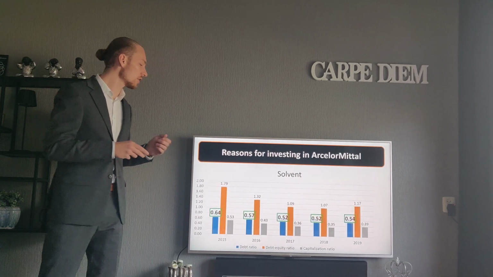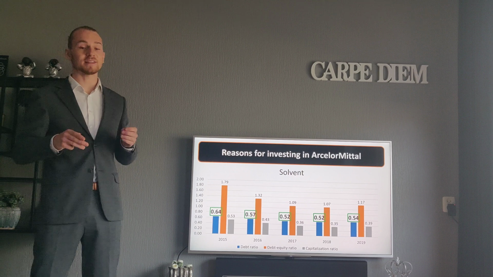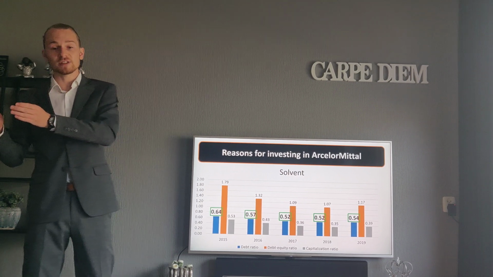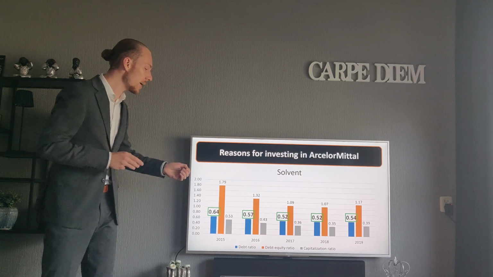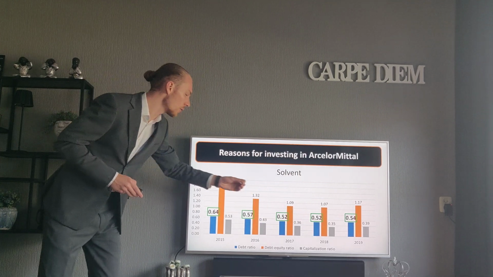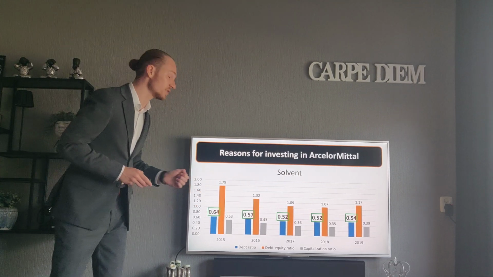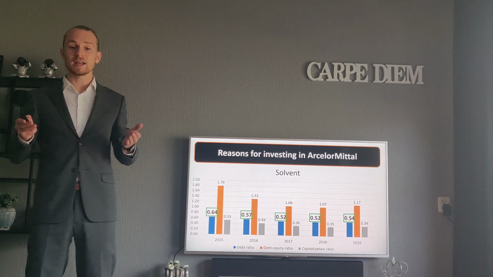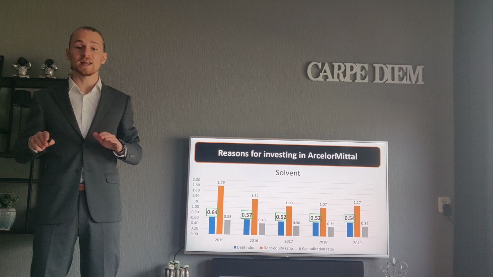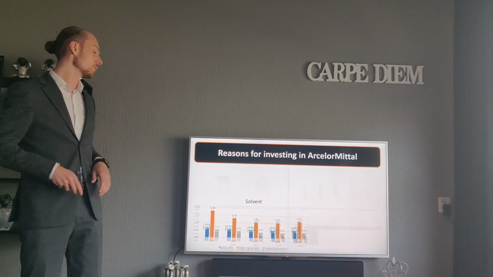It's also a solvent company, and this means that they can meet the financial obligations and also have growth potential for the future. The debt ratios are always between 0.52 and 0.64, so they won't have any issues with lending any money, and they don't waste any growth opportunities.